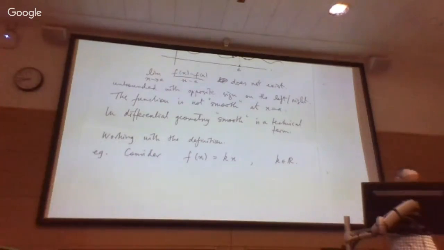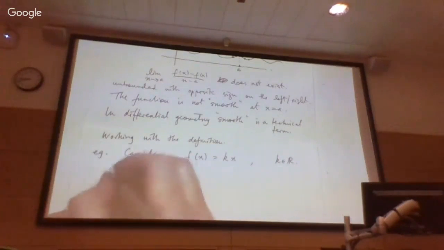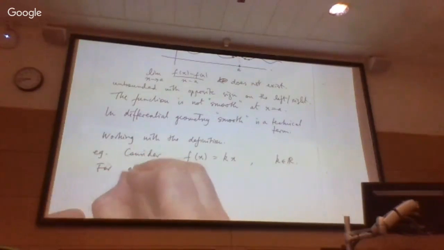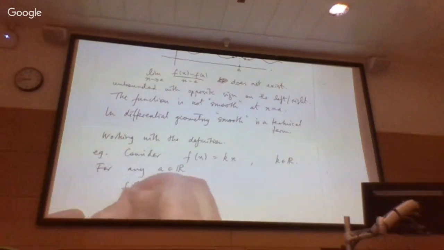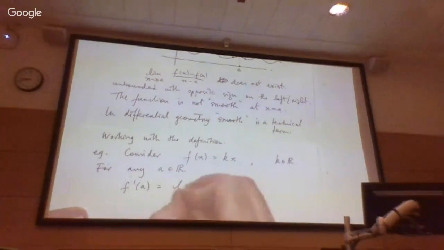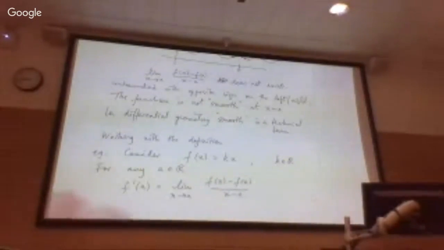So we should find, if the derivative is the same as the gradient of the function, that the derivative of this is k. That's what we should find. But we'll use the definition. So for any a in the real numbers, if we look at the derivative of this function f at a, well, by definition, I just write down the definition.